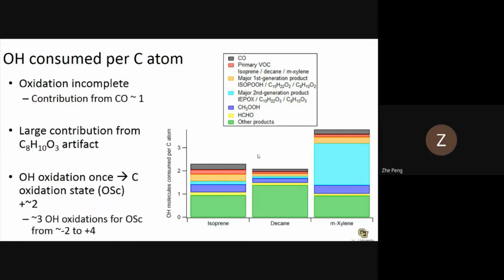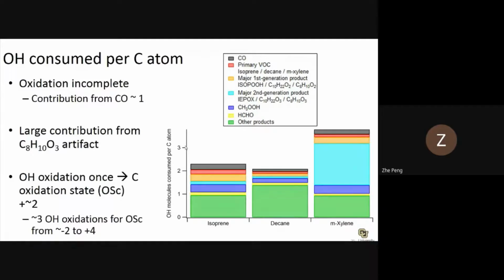To explain the roughly three OH molecules consumed per C atom, we can simply attribute them to the carbon oxidation state change due to OH oxidation.